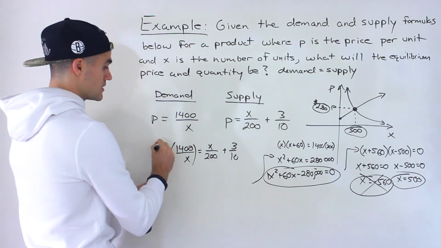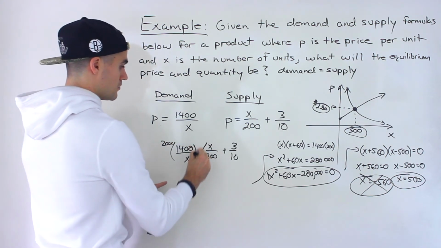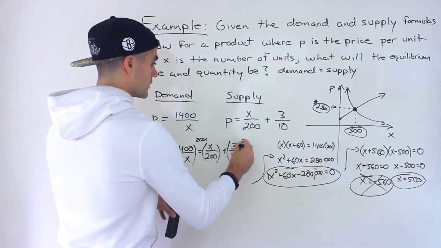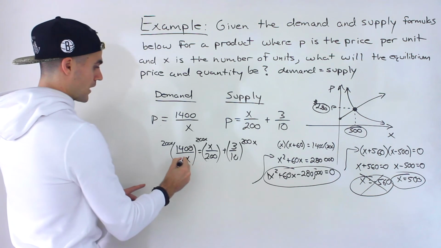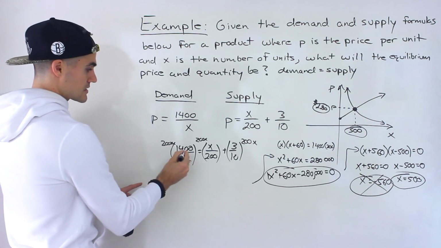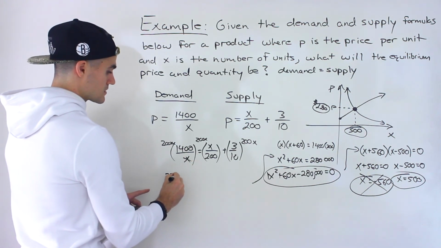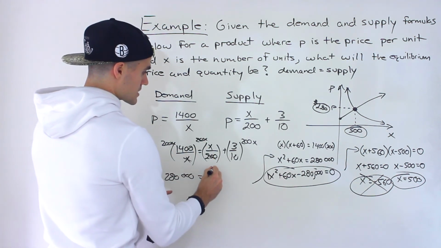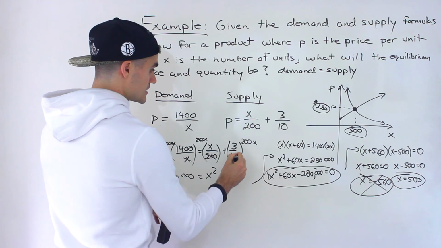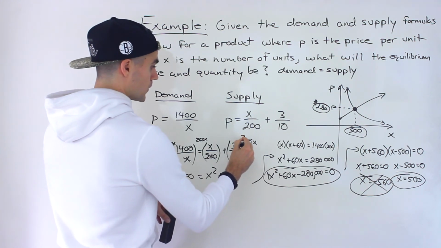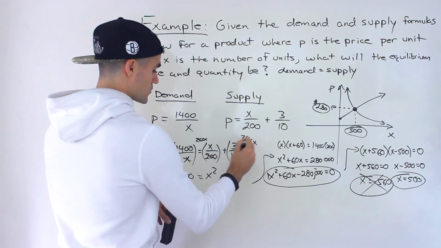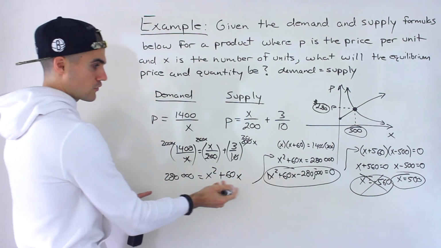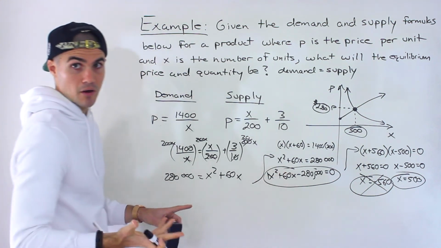So we'd multiply this by 200x, this by 200x, and this by 200x. What would happen? The x's cancel out. This times this gives us 280,000. The 200s cancel out. X times x is x squared. And then 10 goes into 200 twenty times, so we'd have 3 times 20x, which gives us 60x. Then bring this over, and notice we end up at that same spot.